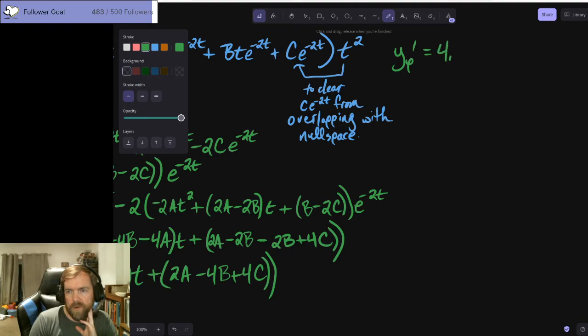So 4a t to the third. And again, factor out e to the negative 2t at the very end of all this, because we don't need to stress ourselves out by having individual power rules on every single term. Let's just factor it out, do one power rule over everything.